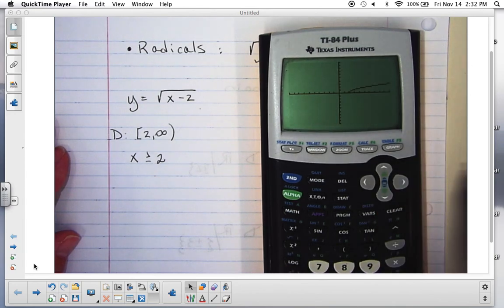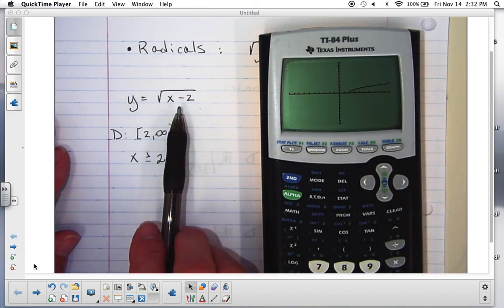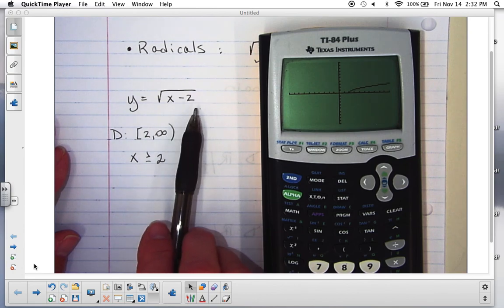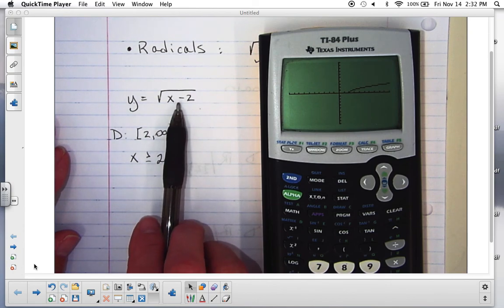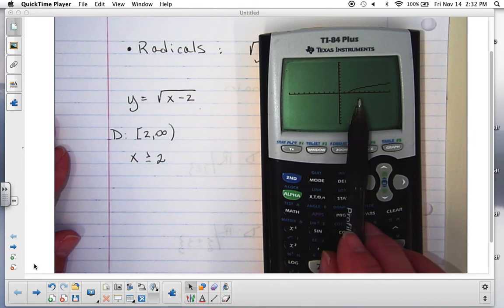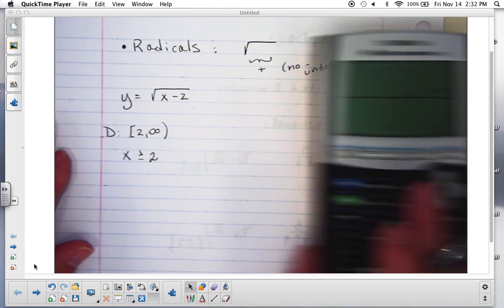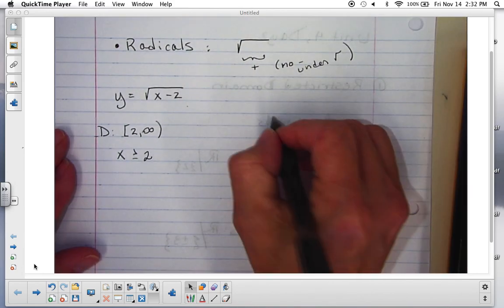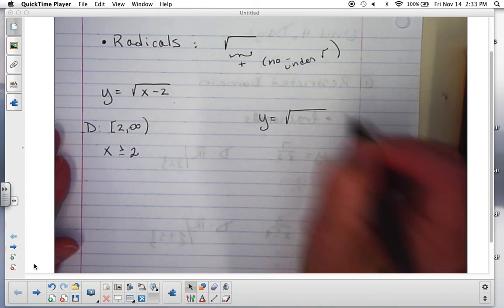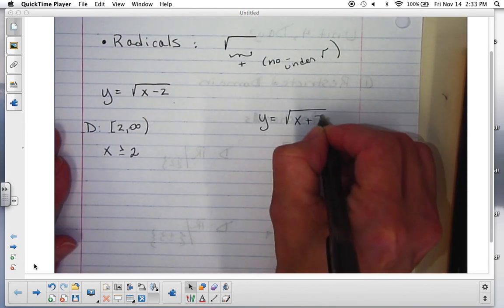The other thing you can notice is that we talked about that left-right shift last unit with the parabola. It's the same deal here. Even though this looks like -2, it actually moves to the right 2 units. Let's throw one more under here. Suppose I have x plus 7.